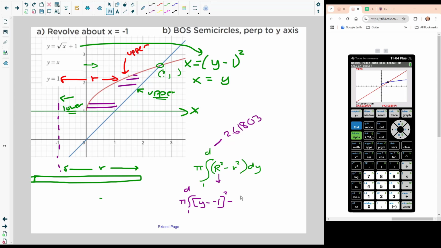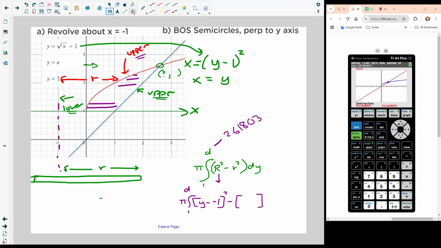And then the inner radius, for the air, we're subtracting the air here, is this red, the red upper minus lower. This radius here, that's the air. So it's going to be the y minus 1 squared.